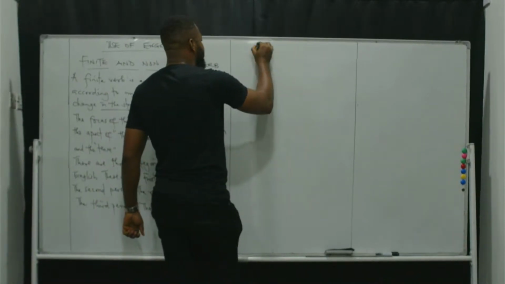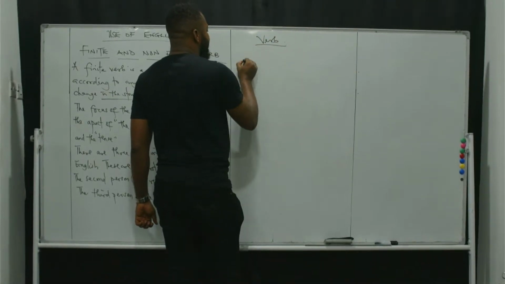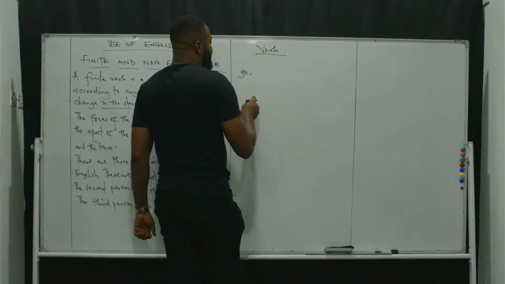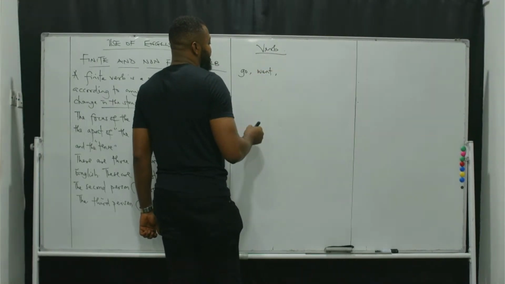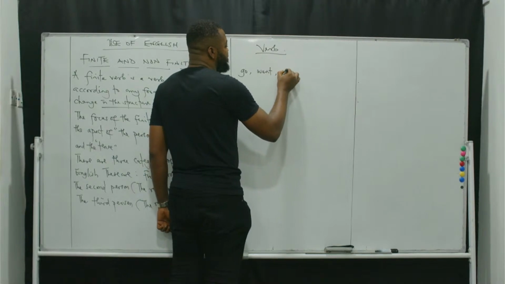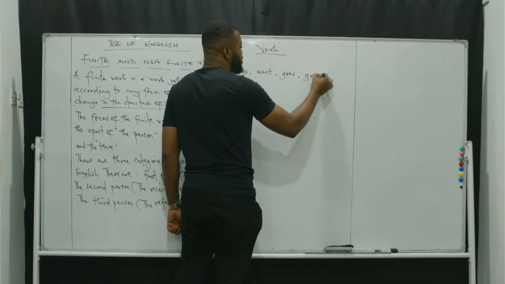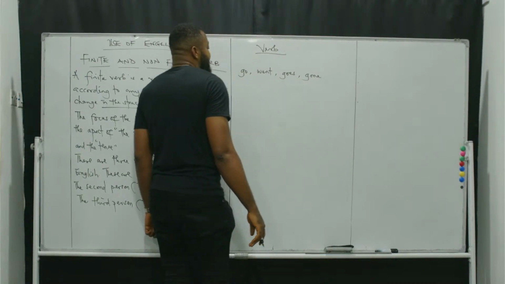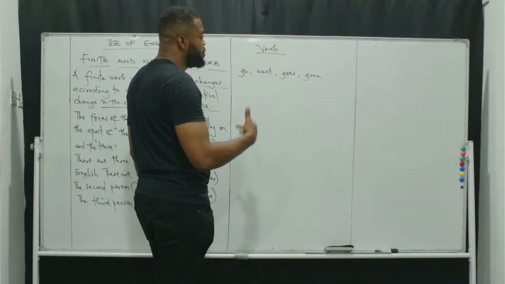So now we can consider an irregular verb whereby we have go. Of course, here you would have past tense went. Okay, then you have singular present form goes, and you have gone for past participle. Okay, you have go, went, goes, and gone.